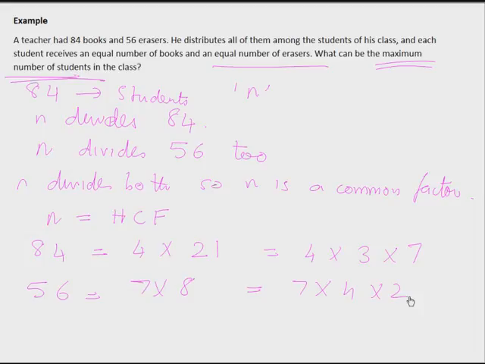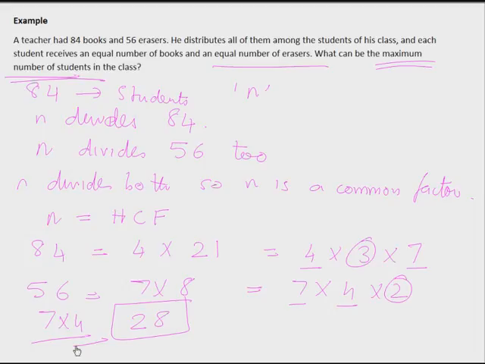So you see, I've managed to get 7 and 4 common. And I know the 3 and 2 are what's left over and they're prime, so they can never be common. So I know that 7 into 4 is the HCF, 28. I just did some quick factorizations, not necessarily into primes, and then I pulled out stuff. So 28 is the HCF.